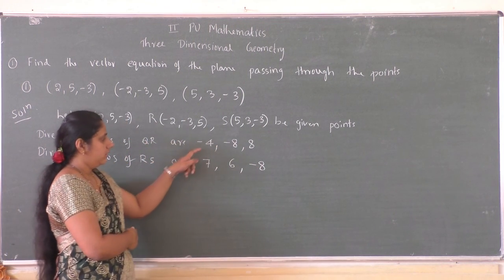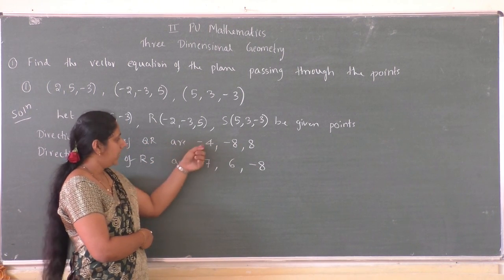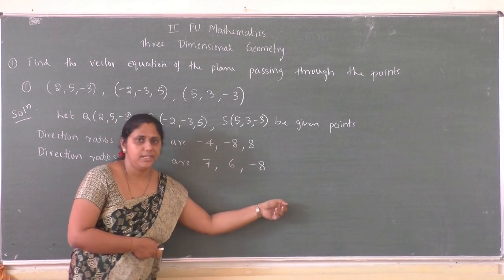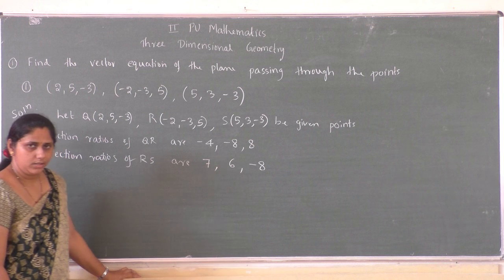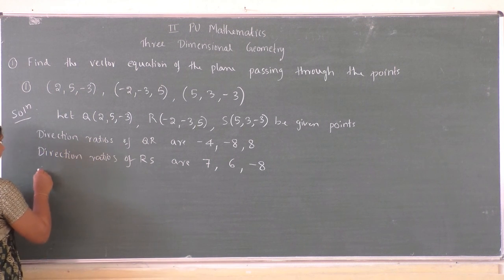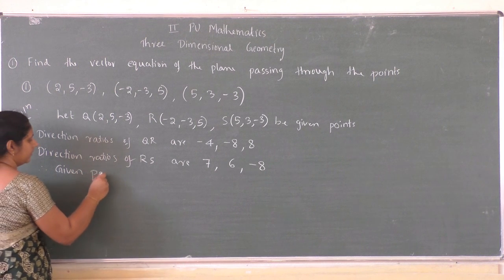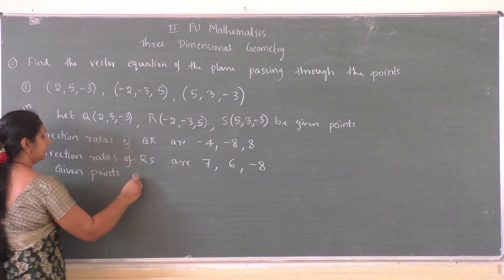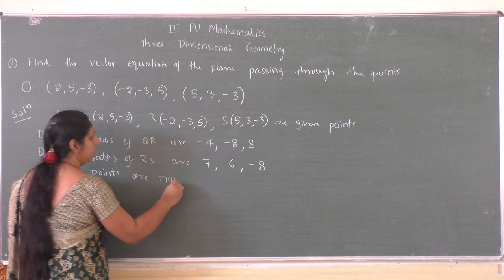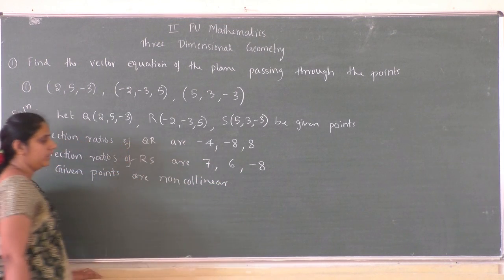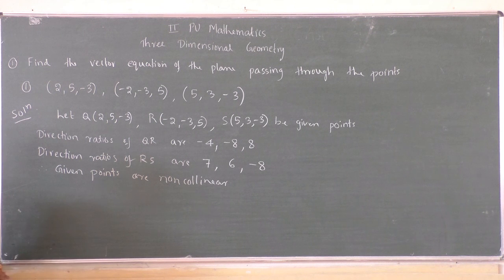Now see the ratio minus 4 by 7, minus 8 by 6, 8 by minus 8. Are they proportional? No, right? Therefore, you can say that the given points are non-collinear.